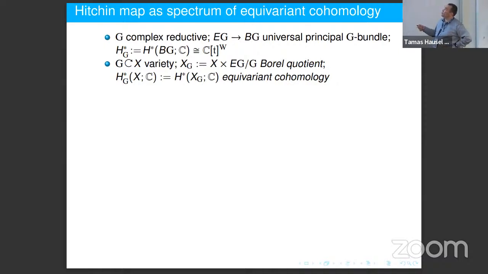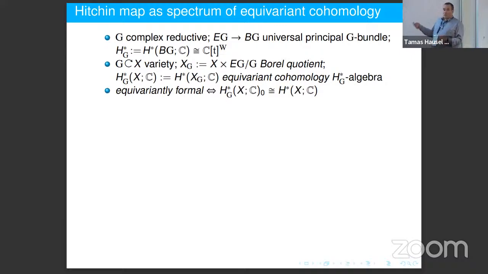So the Borel quotient is just the diagonal quotient of X times EG, and as such it will map down to BG, the quotient of EG by G. So we will get a canonical map from the cohomology of the classifying space back to the equivariant cohomology. So equivariant cohomology is always an H star of BG algebra.